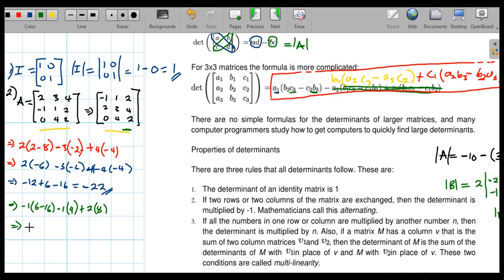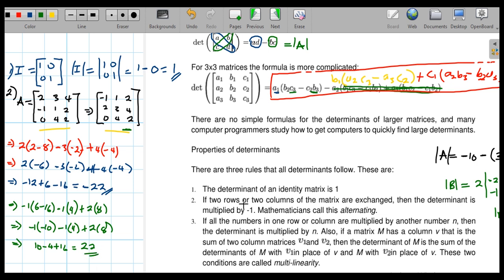So we are going to have minus 1 multiplying minus 10, then minus 1 multiplying 4, then plus 2 multiplying 8. This gives 10 minus 4 plus 16. So let's check it. This is actually equal to 22.